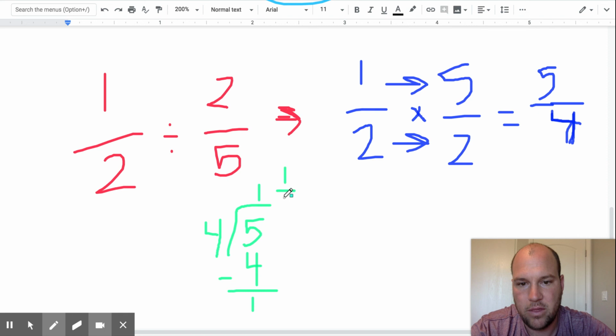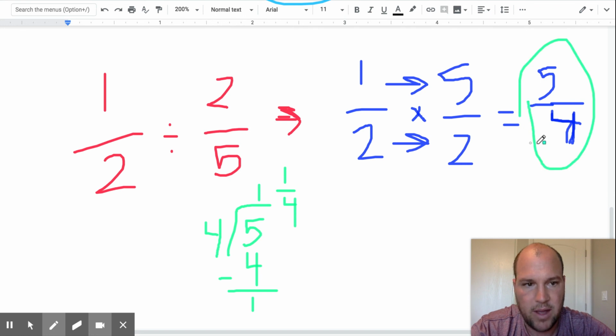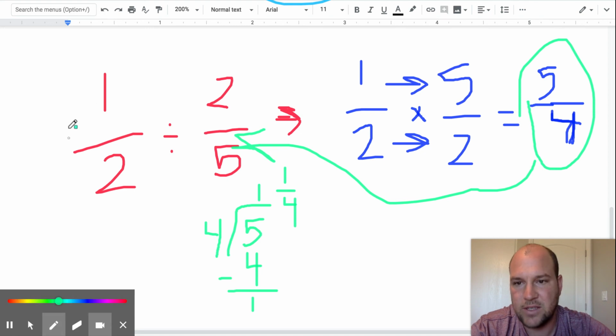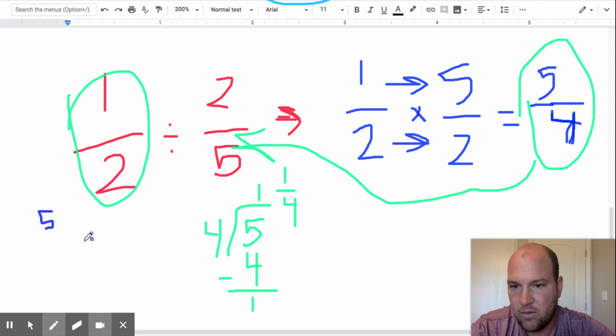1 and 1/4. To check your work, I would multiply 5 over 4 by our original divisor and see if we get 1/2. Let's see if 1 1/4 or 5 over 4 is correct. 5 over 4 times 2/5.